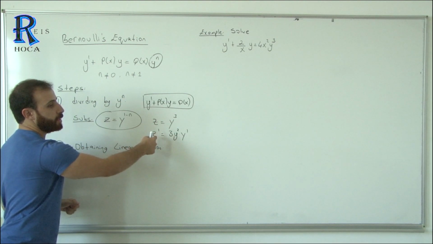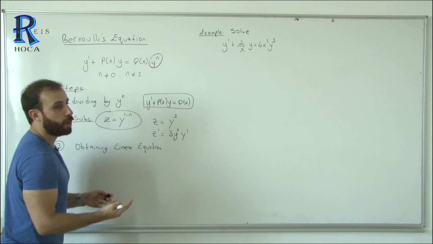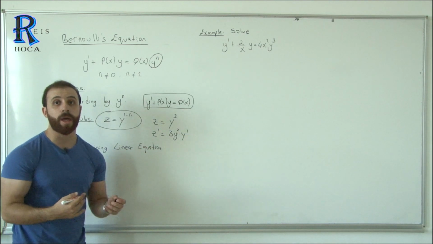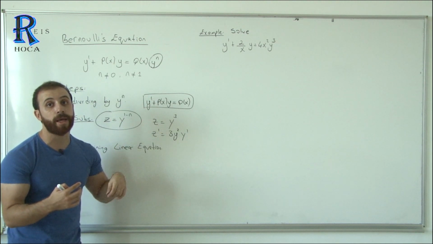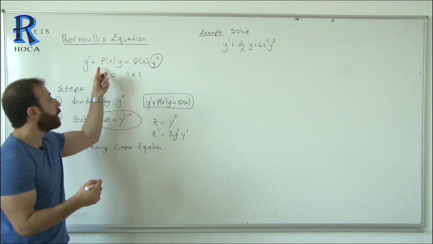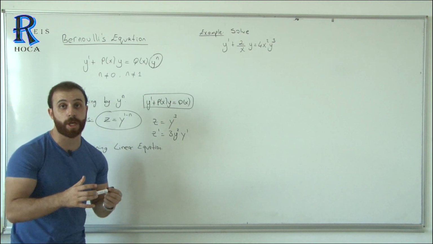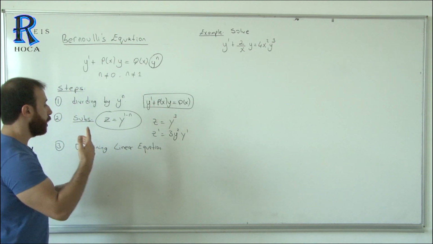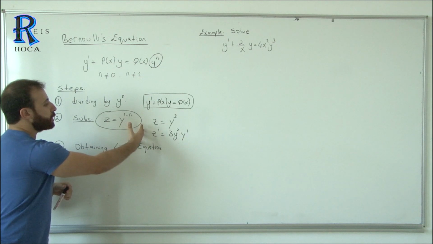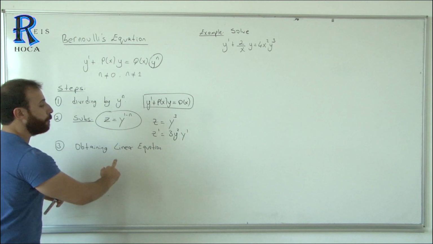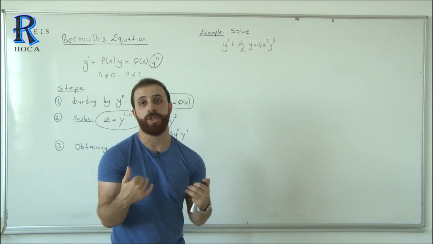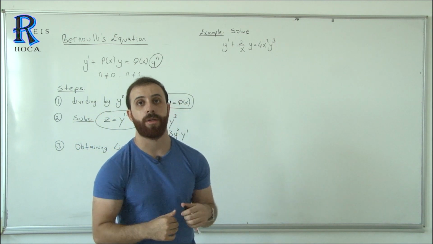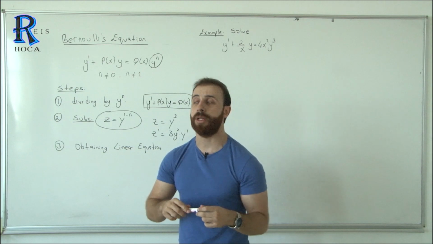Z prime means dz over dx, y prime means dy over dx. We use this substitution and take its derivative, because the equation has a derivative that we have to substitute as well. After using this substitution, our aim is to obtain a linear differential equation, and we know how to solve a linear differential equation, so after that we will solve it.